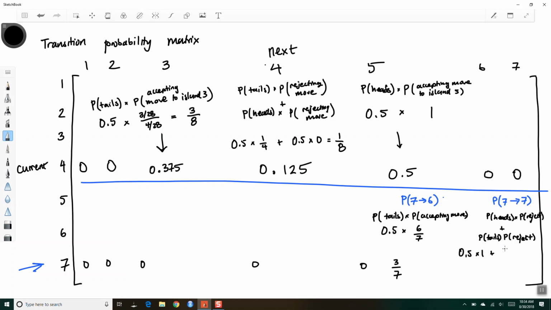And then the probability of getting tails and rejecting it will be 0.5 times what? 1 minus 6/7, so 1/7. That looks like a plus, but it's a multiplication.